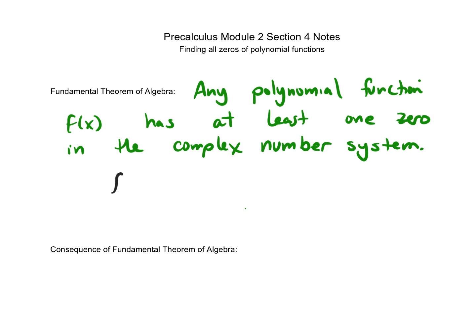So if I think of a polynomial function, let's say x cubed minus 3x squared plus x minus 3, something like that, okay? Now, we know from what we talked about last section that this is degree 3, so there should be 3 zeros. But all this theorem seems to say is there is at least 1 zero.